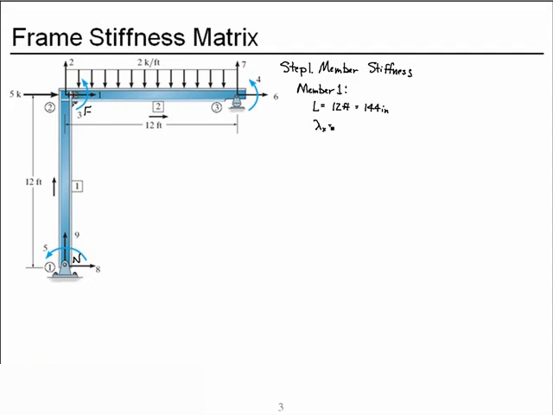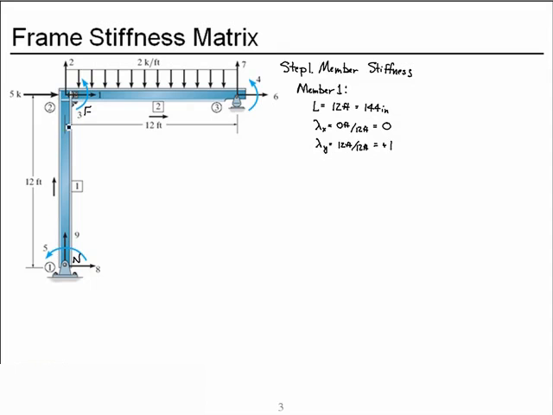Directional cosines: lambda x is the change in x coordinate divided by the length, and the x coordinate does not change, so lambda x is 0. Lambda y is the change in y coordinate from near node to far node, and that's a positive 12 feet, divided by the length, and so lambda y is plus 1.